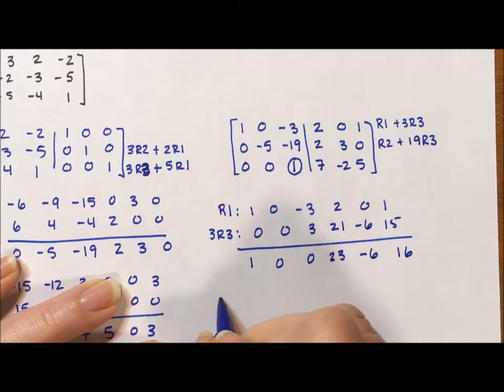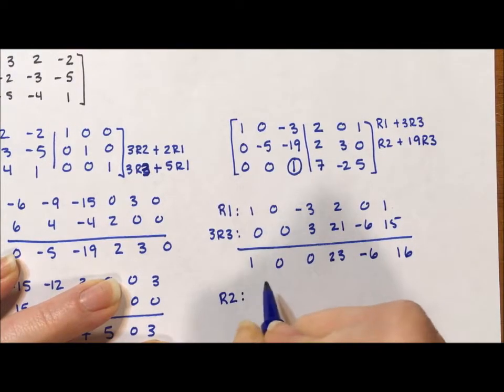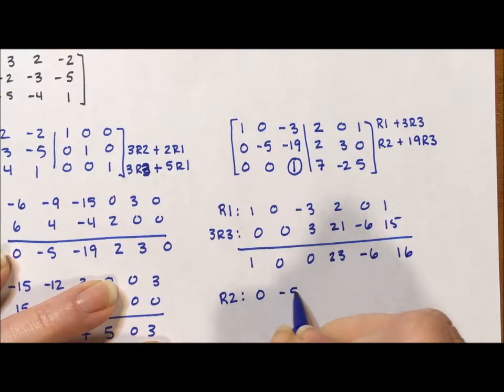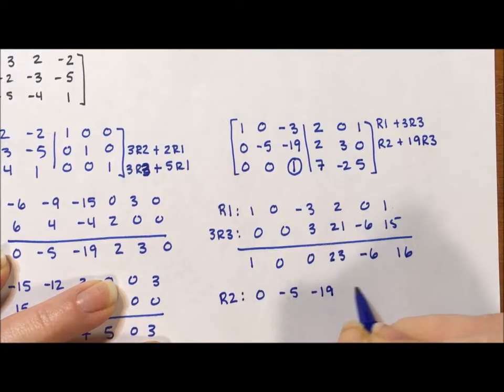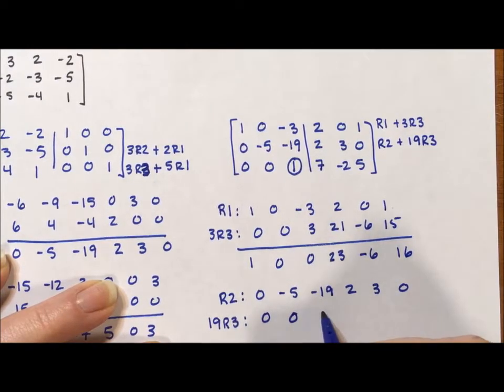Then we have row 2, 0, negative 5, negative 19, 2, 3, 0, and 19 times row 3, big numbers, 0, 0, 19, let's see, 135, negative 35, sorry, I'm doing some of this wrong.